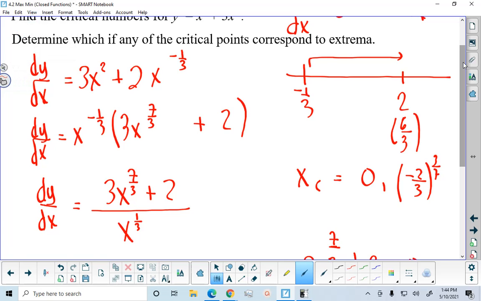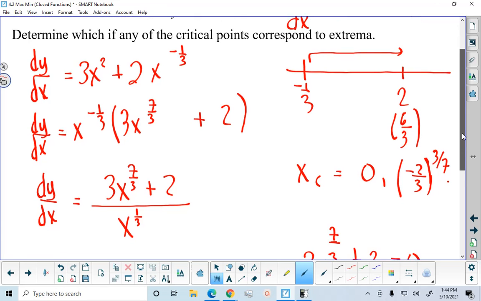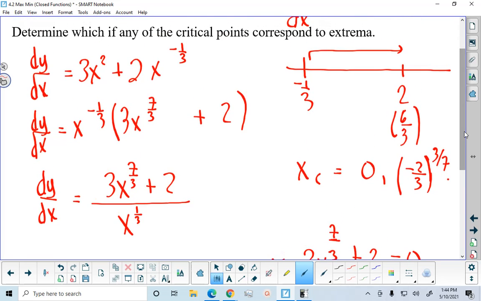So if you take negative 2/3 and take the 7th root of it, and then cube the result, you will get that number. I would like everybody to just throw that into your calculator right now. You're going to have to use brackets: negative 2/3 raised to, in brackets, 3/7, so that we have some kind of number that we can look at.